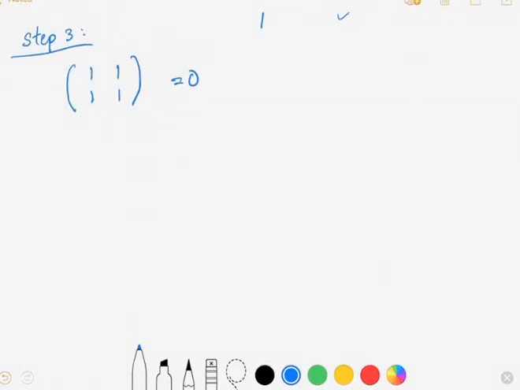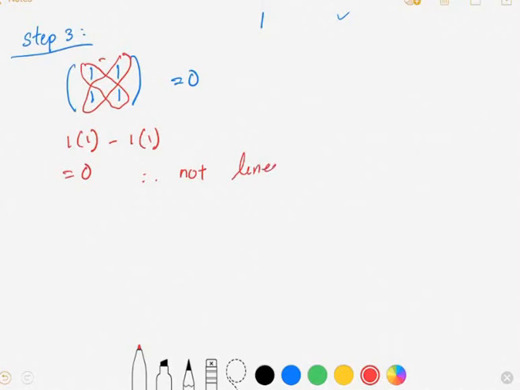You multiply this one minus this one, so you have 1 times 1 minus 1 times 1, equal to 0. When it equals 0, this is not linearly independent.